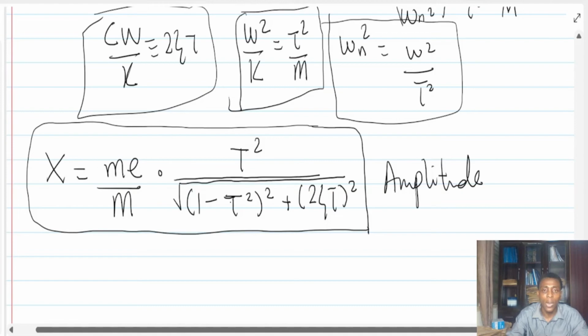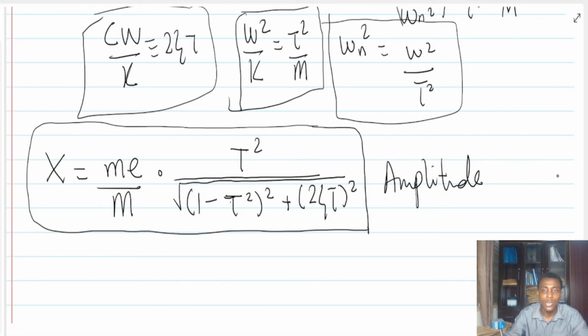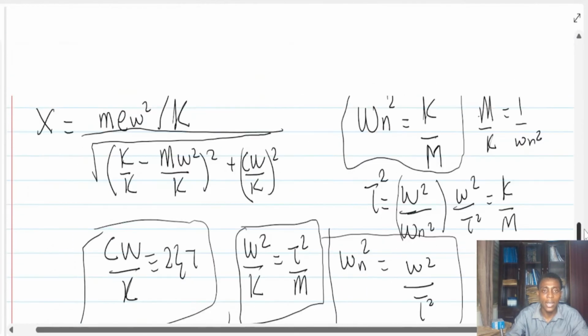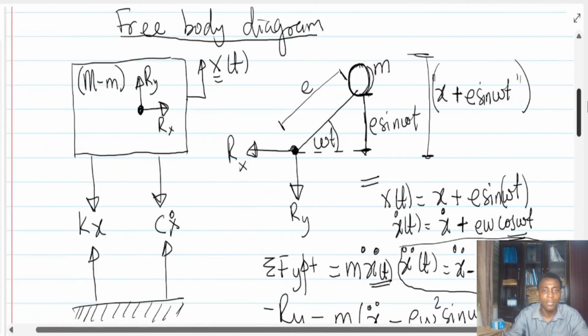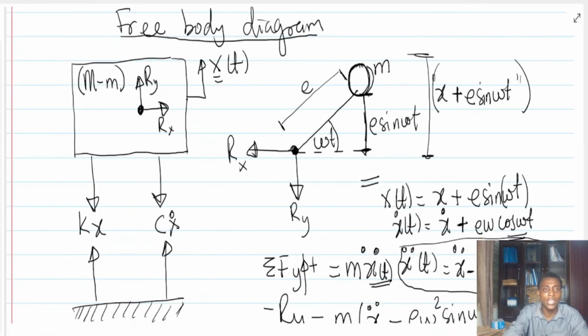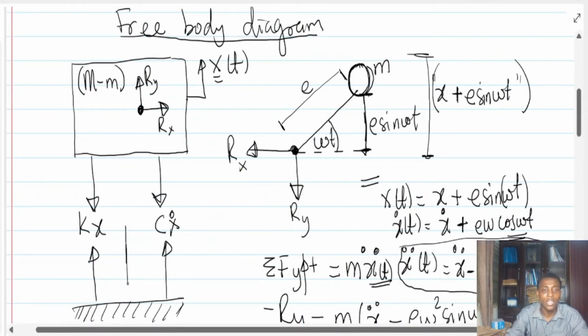Now, this is what is going to happen. Let's go back to the diagram. So we are saying that if I have a system like this, as this force is shaking like this by the small mass, then we expect that there is going to be a force transmitted to the support due to the unbalanced force.